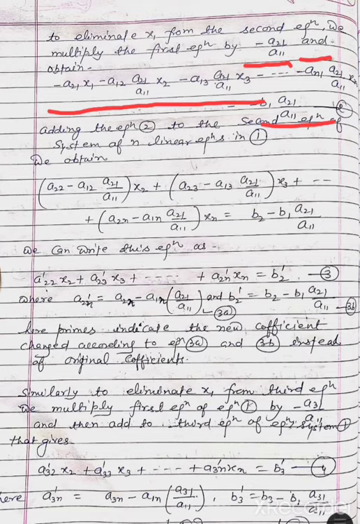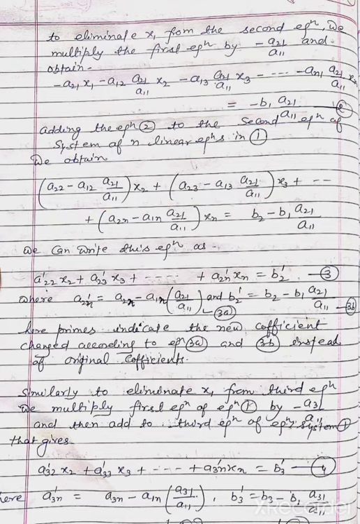And then adding this equation 2 with the second equation of the given equation system, the addition of these two equations provides this equation. Here we can see that x1 has been eliminated and we get an equation in the unknowns x2, x3, x4 up to xn.